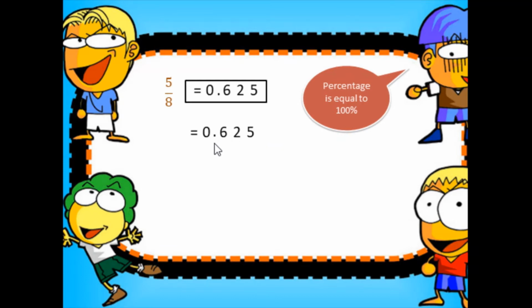Very good. So let's move: 1, 2. At this time, the decimal point is already between 2 and 5. So we write it as 62.5. Is it in its percentage form already?